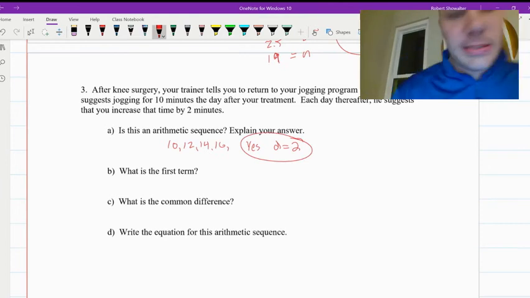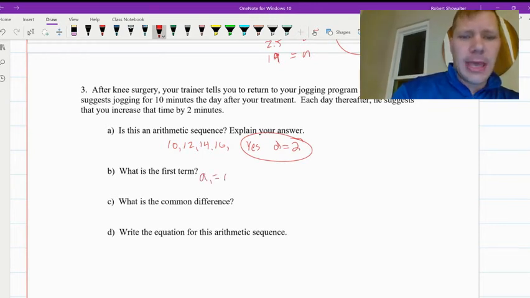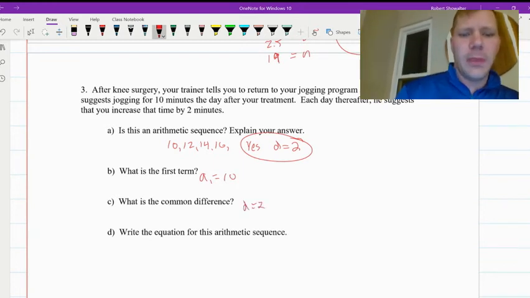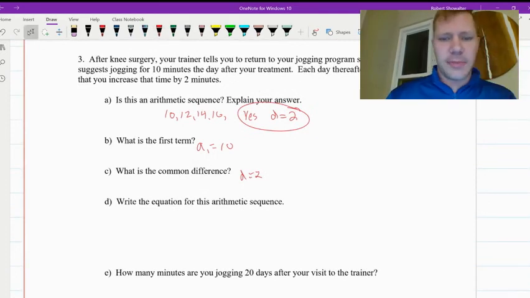Okay. What is the first term? The first term on this would be 10 because the first day you don't jog. So we're really starting on the second day, if we keep it in context, meaning the first term would be 10 in this case. What's the common difference? We said it would be 2. Write an equation for the arithmetic sequence. We have our a sub 1, we have our common difference.